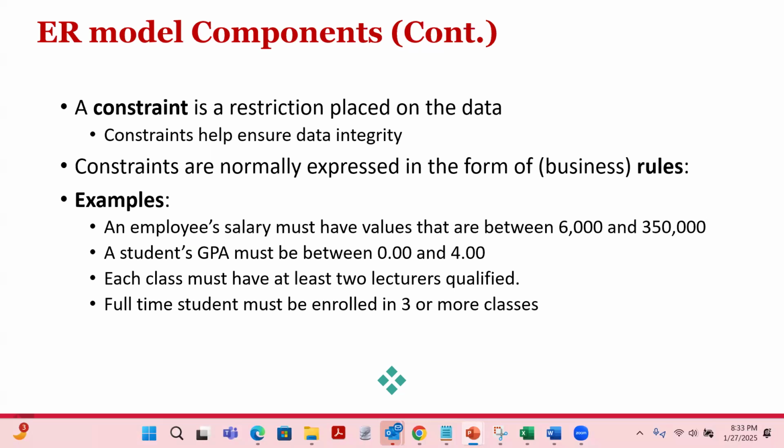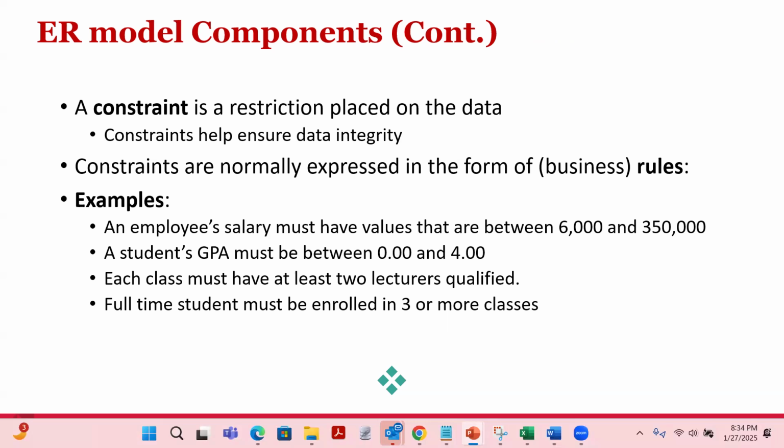In business, constraints are usually represented by business rules. Below are examples of constraints. An employee's salary must have values between 6,000 and 350,000. Student GPA must be between 0 and 4. A class must have at least 2 qualified lecturers, and so forth. So those are examples of constraints or business rules.